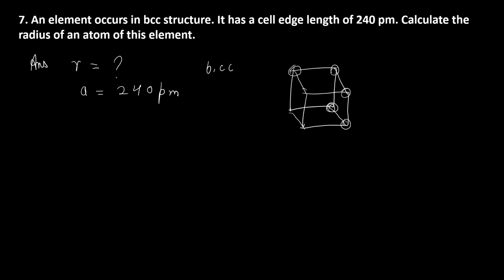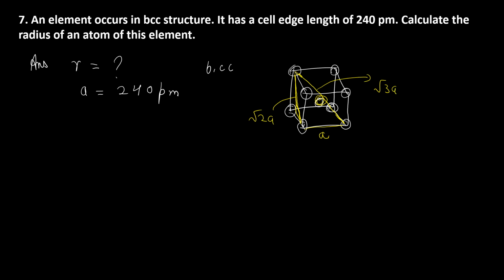So these are the atoms which are present at the 8 corners and one would be present inside, on the body diagonal. Now this is the body diagonal. If you see, this top to this bottom is the body diagonal, right? This atom will also lie on it. Now for this body diagonal, this face diagonal will be one side and the other side will be this one, A. So this is A. This face diagonal will be root 2A. Therefore, this body diagonal will come out to be root 3A.